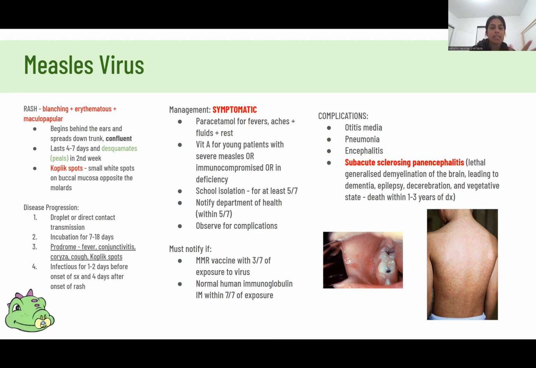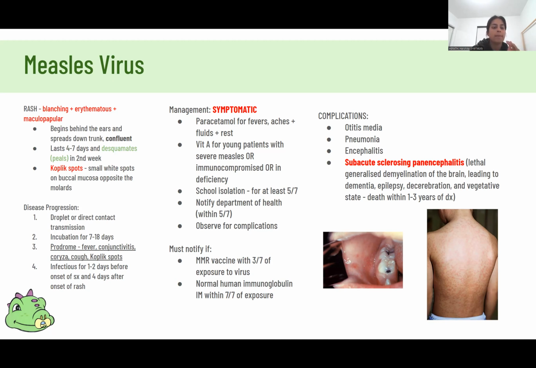Once the rash itself is over, it essentially peels off. It's a continuous rash throughout the body, usually starts behind the ears and spreads downwards down the trunk.